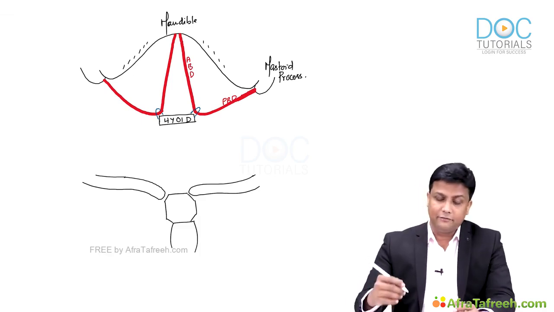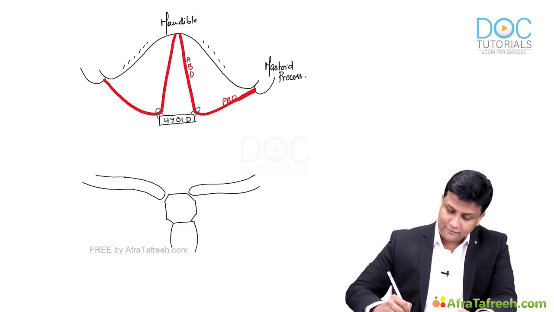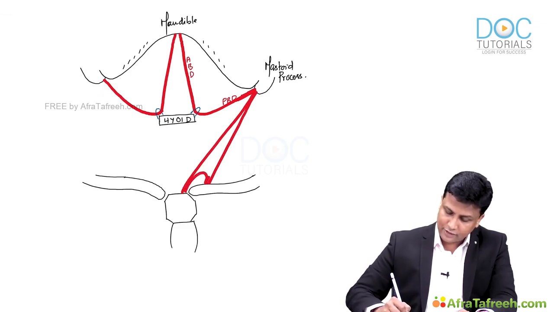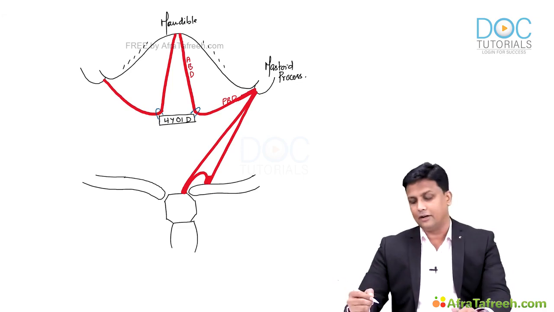Now after that, the very famous and very important one when you are studying the triangles of the neck, that muscle will be the sternocleidomastoid muscle. The sternocleidomastoid will have two heads of origin. One will be the sternal head, another one will be the clavicular head.